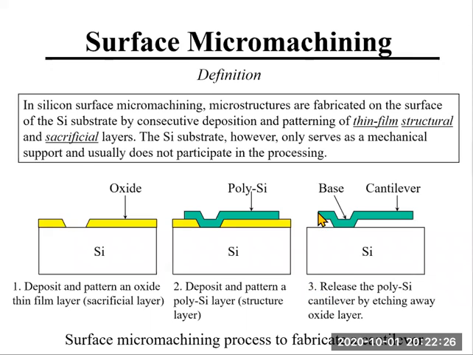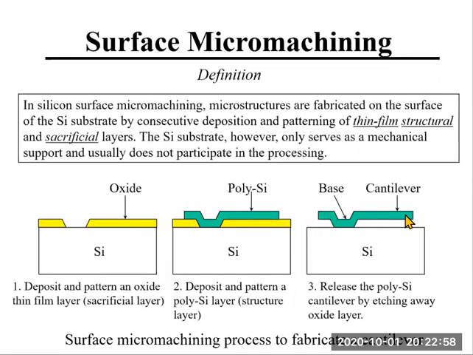Step 3, release the polysilicon cantilever by etching away the oxide layer formed in step 1. Okay, so we can see this oxide layer is etched away. It's sacrificed. So that's the reason this layer is called sacrificial layer. The polysilicon layer is a structural layer, the layer to form the structure of the cantilever beam.